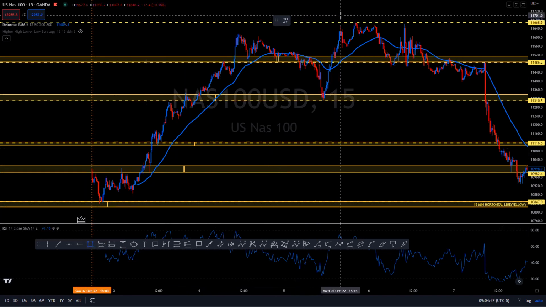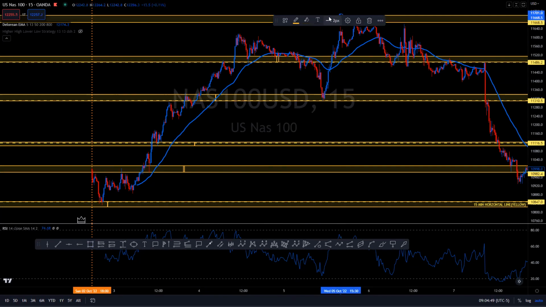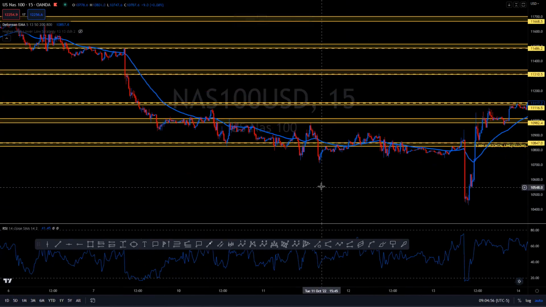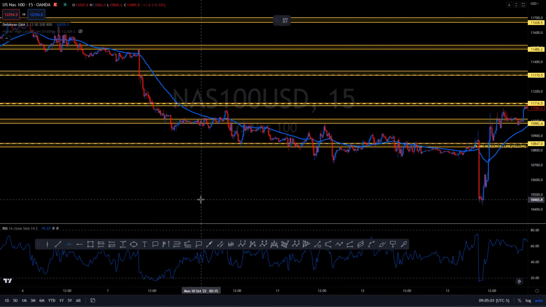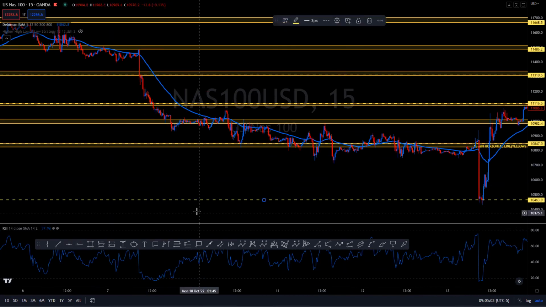And liquidity sets in at the 9:30 candle, right? So we got all these marked up here. So we can see that there was a solid demand zone down here as well.